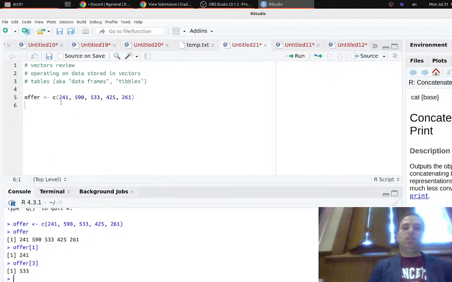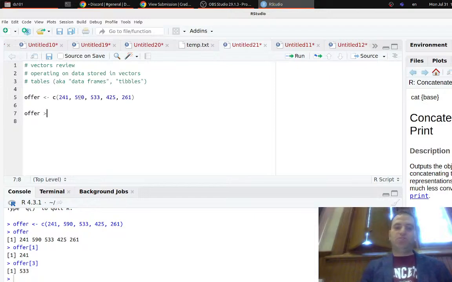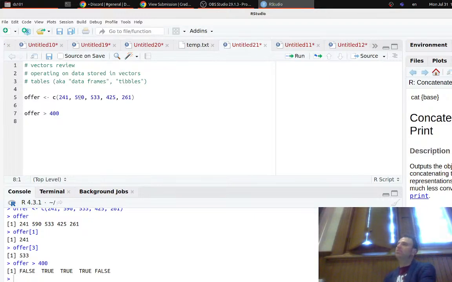Individual entries in the vector are usually referred to as elements. Like we saw last time, you can apply the same operation to every element of the vector. You can, for example, say offer is greater than 400, and what you get is 241 greater than 400, so that's false, and 590 greater than 400, and that's true, and so on.